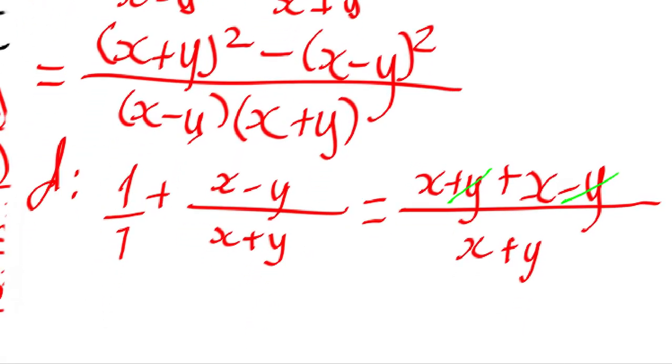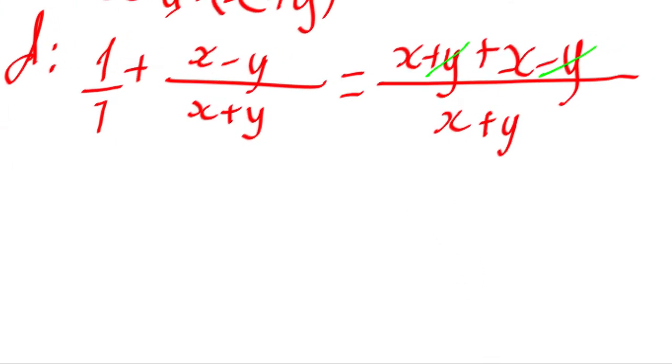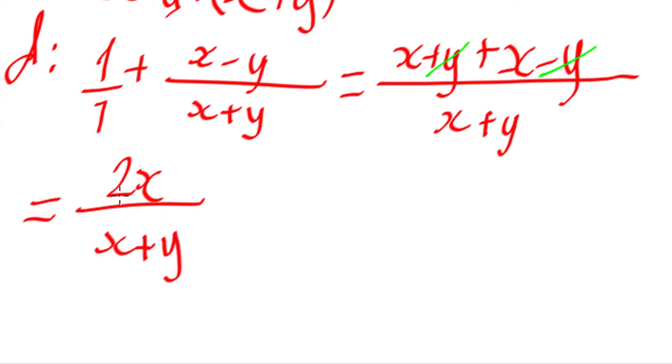So if we're going to really simplify that, our d will be in the form of 2x all over x plus y. So that's our denominator.